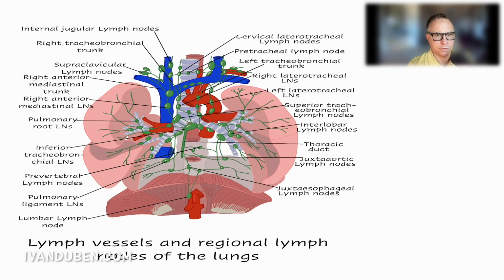Coming back and again looking at the mediastinum, the deeper lymph nodes. In cases where you may have some serious disease processes occurring at specific nodes, it's important to consider that the direction of lymph is bidirectional.